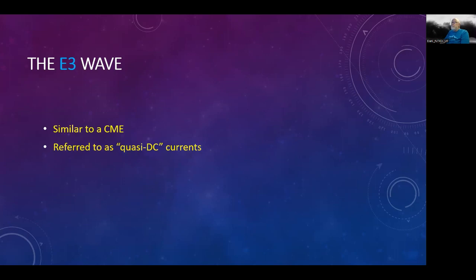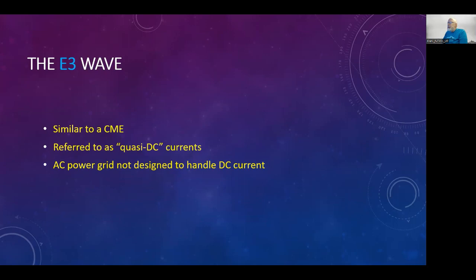These currents are often called quasi-DC currents because they resemble the direct current from a battery more than what most people think of as a pulse. Nearly all of the damage from E3 in modern systems occurs to the AC power grid, which is generally not designed to handle direct currents.